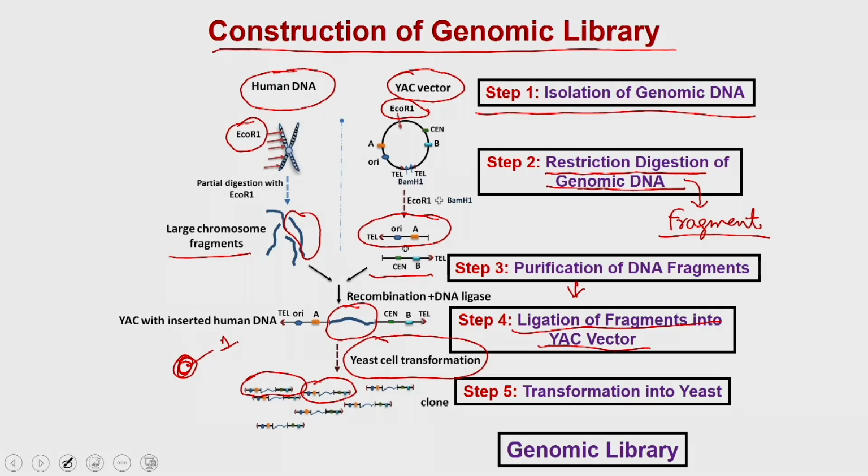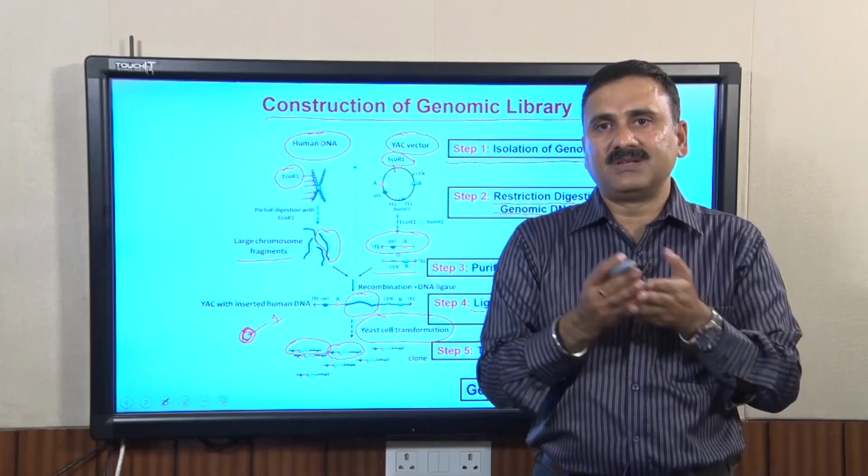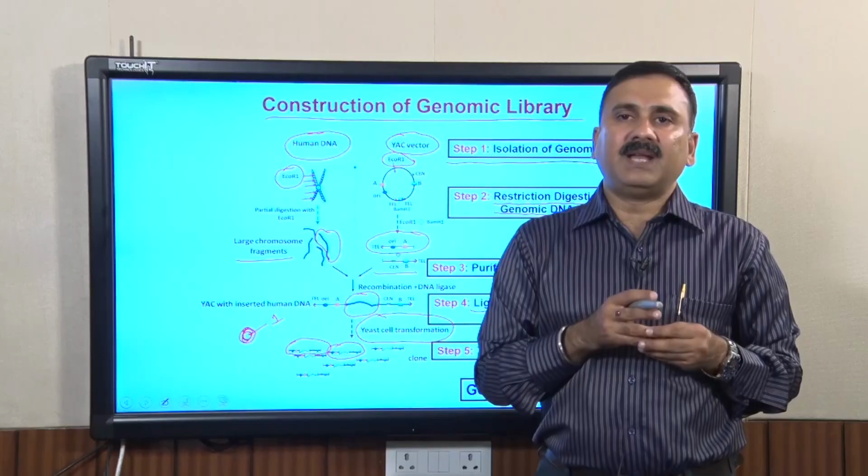These colonies or clones represent the whole genome, and that is why this technique is called a genomic library. It is exactly the same as the library present in our institute, which has a collection of different types of books.